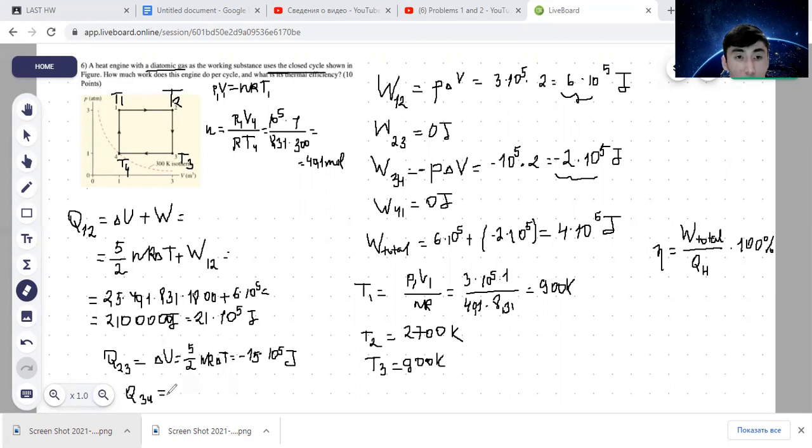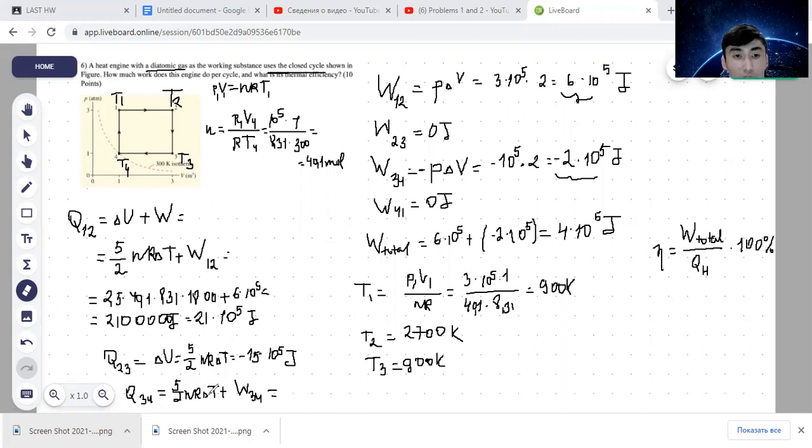And let's find the next process, 3, 4. 3, 4 is similar to 1 and 2, but there is compression, right? So it means here it will also be a negative number. So here it will be 5 over 2 NR delta T plus work 3, 4.